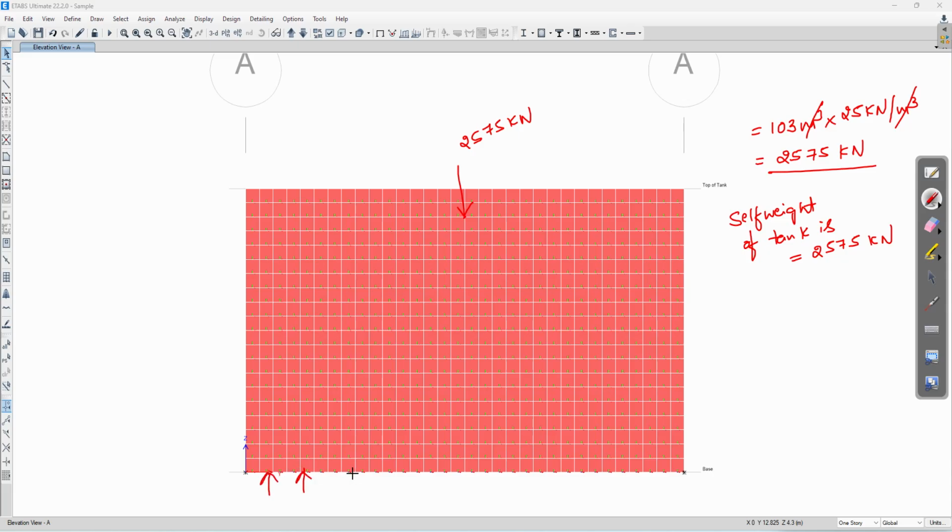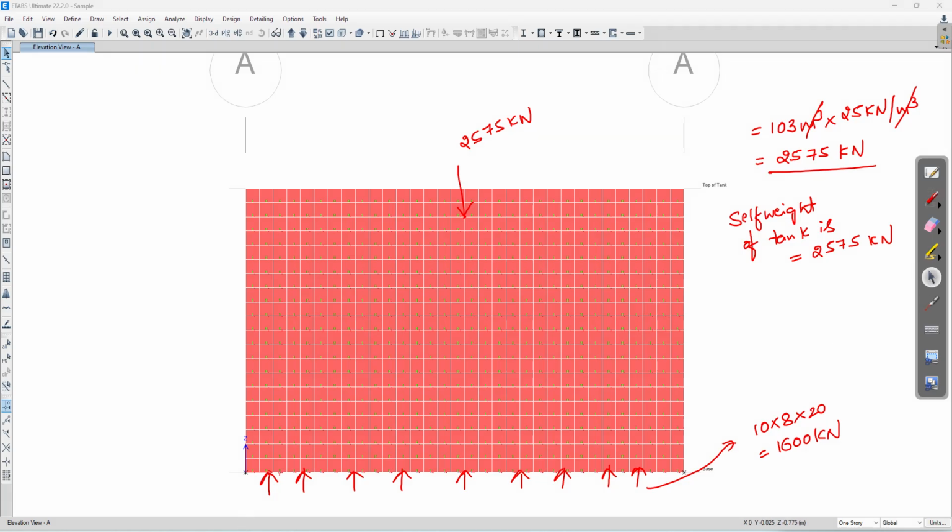Here you have the uplift on your base slab. So this plan area is 10 into 8, and for the density of soil, here it is submerged soil, so it is 20. So 10 into 8 into 20, here it is 1600 kilonewton.